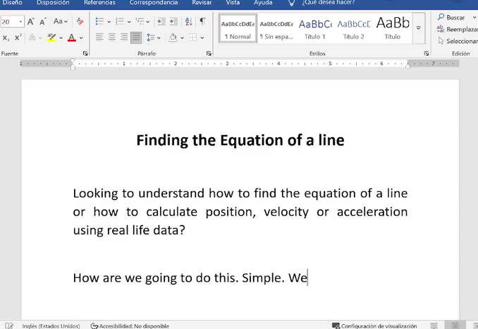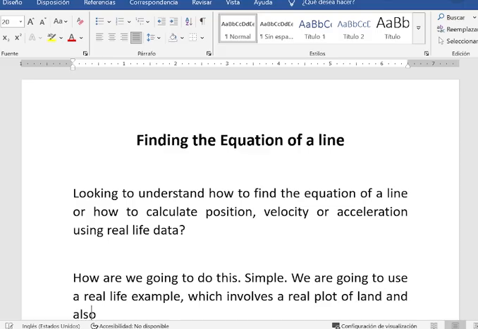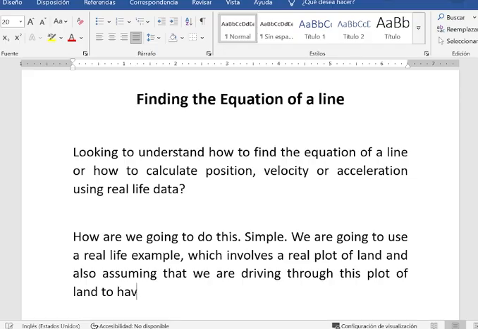Simple. We are going to use a real life example which involves a real plot of land, and assuming that we are driving through this plot of land to have a good glimpse of the land.